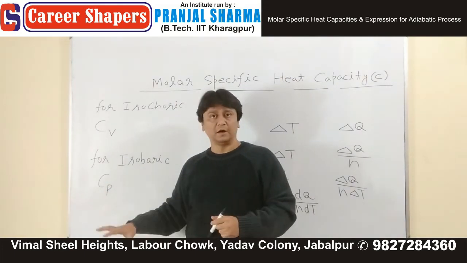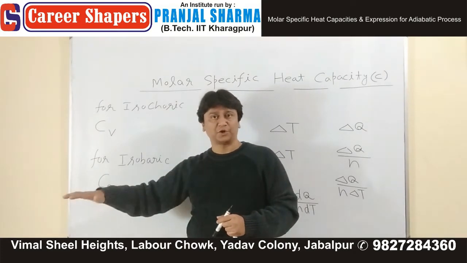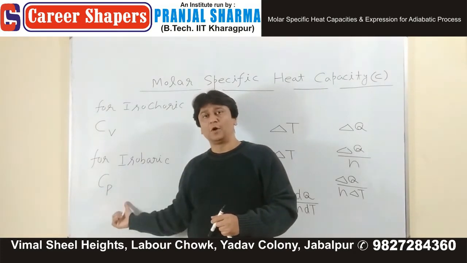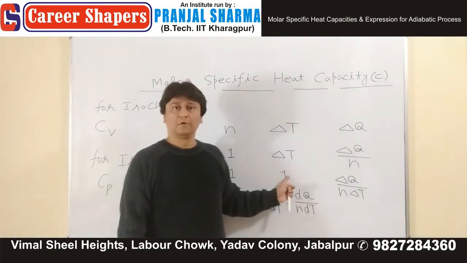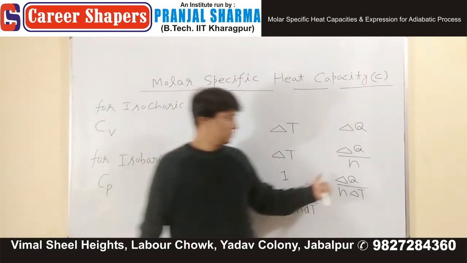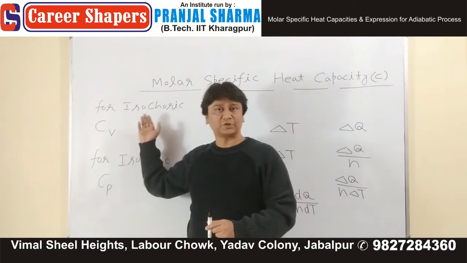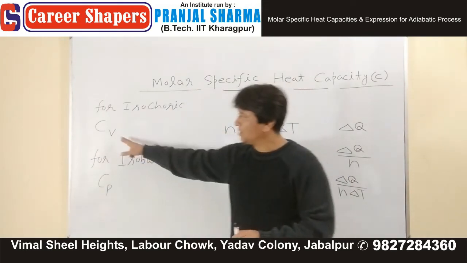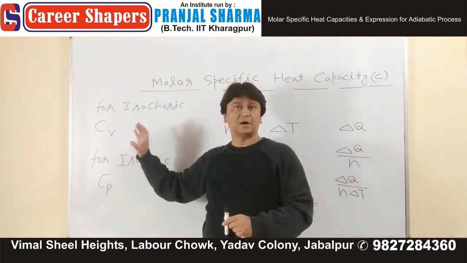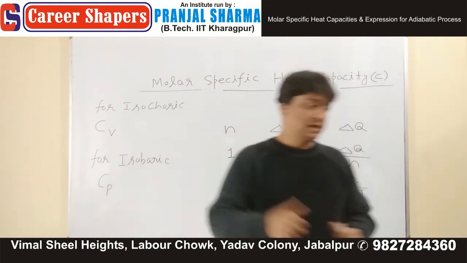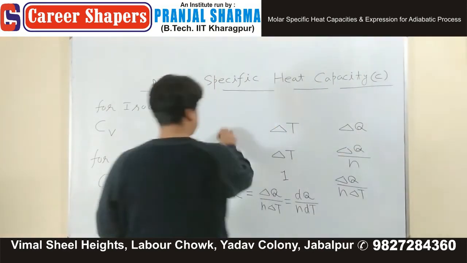You have a container, you supply the heat, you keep the pressure constant always, and the amount of heat transferred so that the temperature increases by 1 for unit mole, this number will be what? CP. At constant volume, if you do this, the number will be called what? CV. CP and CV, these are the things we are interested in, and let's see how we develop CP and CV.